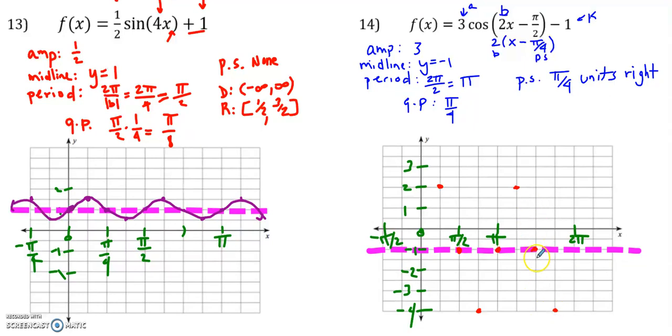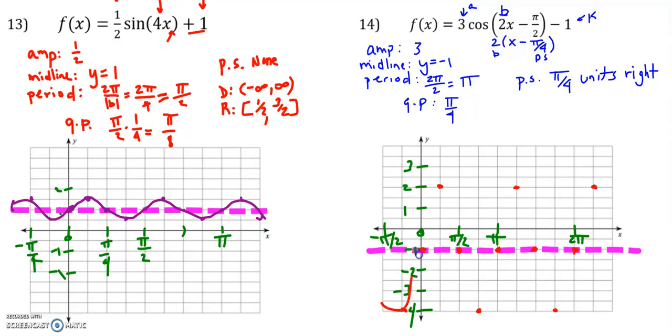Make sure I did that. 1, 2, 3, yep, and then over 1, back up to the midline, and then back over here 1 tick mark and up, and hopefully I got that worked out okay. This is back on the midline, 1, 2, 3, and I'm 1 over here.